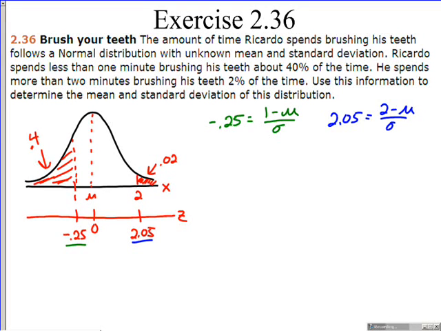And now we have a system of 2 equations, 2 unknowns. If I multiply by sigma, we get negative 0.25 sigma equals 1 minus mu. And here we get 2.05 sigma equals 2 minus mu. You can use substitution or elimination to solve this system. I am going to use elimination.